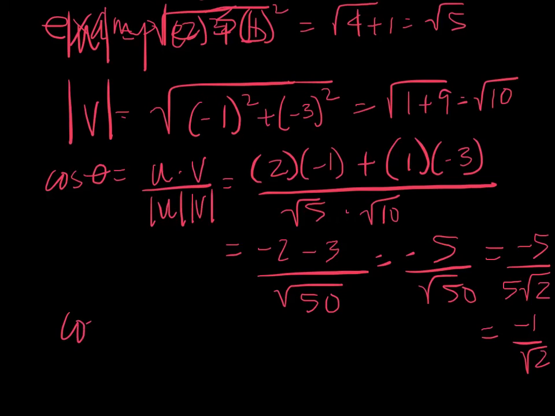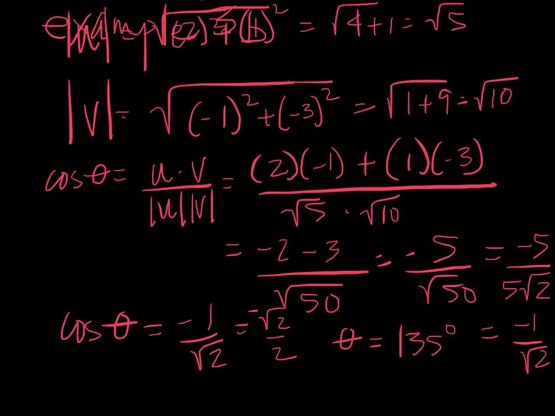So I want to find the cosine of what angle gives me -1 over the square root of 2. I imagine you pre-AP kids could probably do this in your sleep. The cosine of one angle gives me -1 over the square root of 2, or if you rationalize it, this. Theta, without a calculator, is going to be 135 degrees, and it's the angle between them.